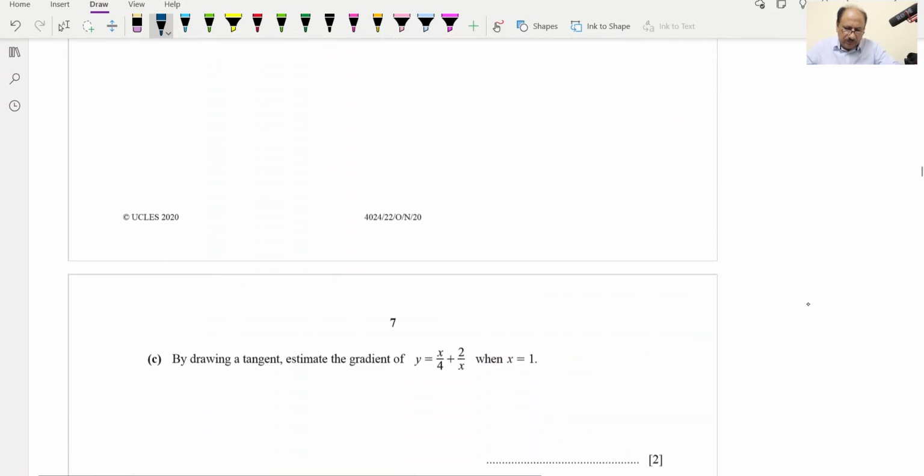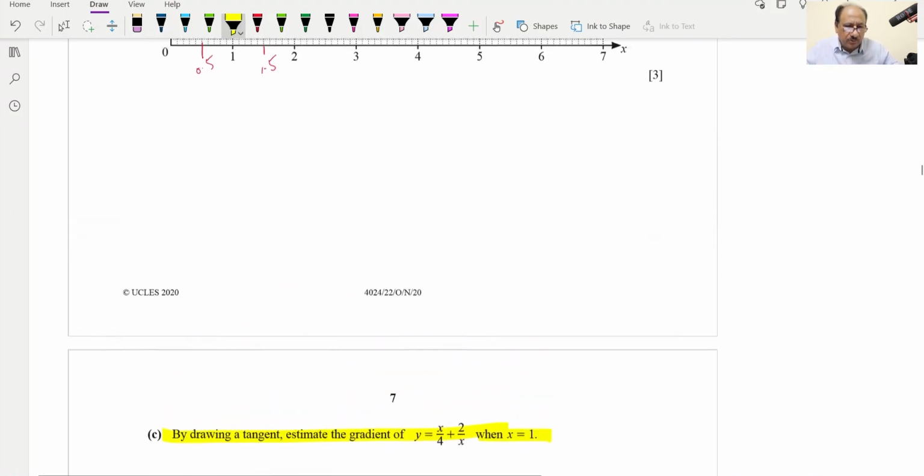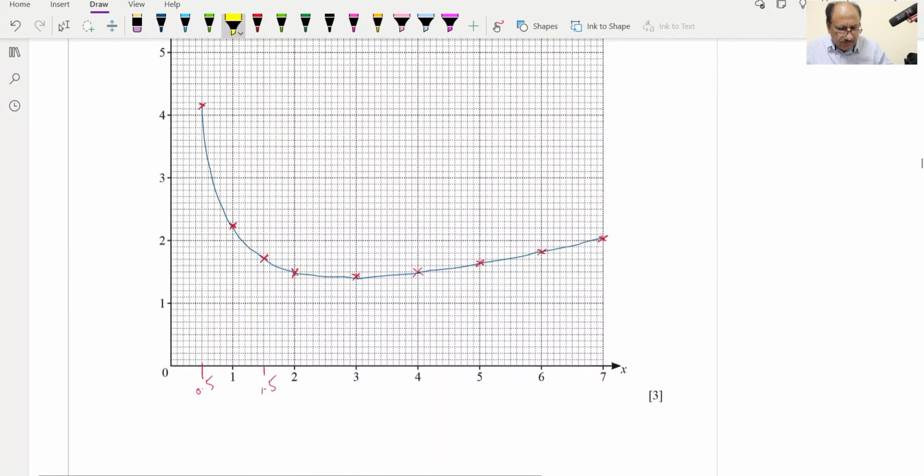Next section is saying, by drawing a tangent, estimate the gradient of this one where x is equal to 1. So x is equal to 1, we have to draw the gradient at x is equal to 1. So for the gradient, we will draw the line touching at only 1 point.